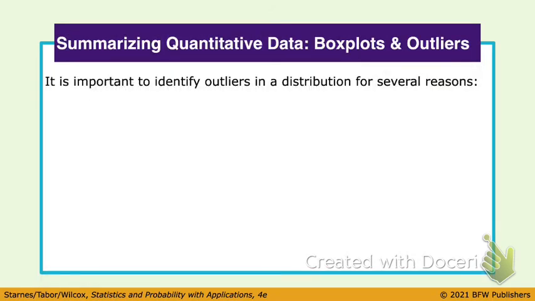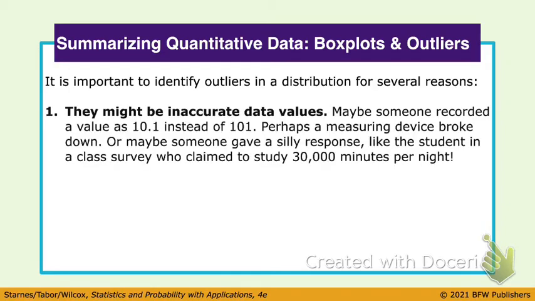All right, so summarizing this data. It is important to identify outliers for a couple of different reasons. The first reason is they might be inaccurate data values. Sometimes maybe we have a typo. Somebody's entering a bunch of data, and they put in 10.1 instead of 101.